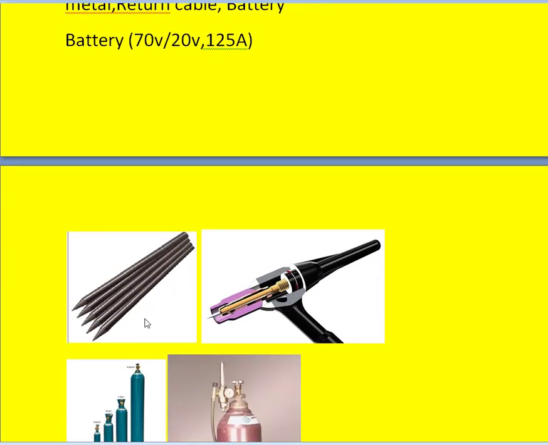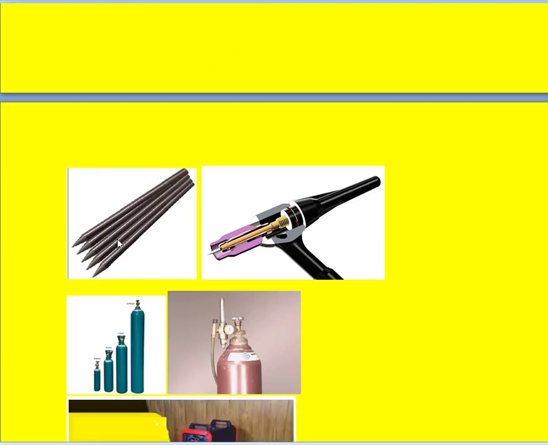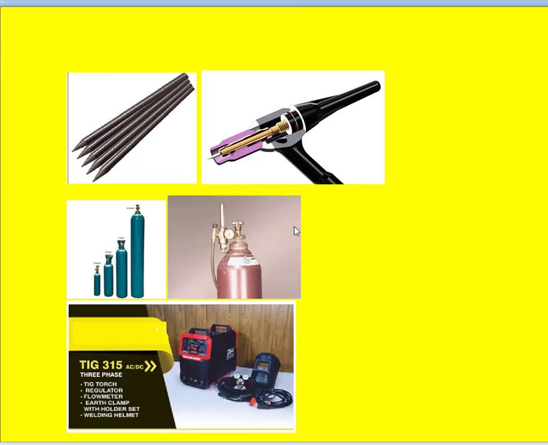Looking at the equipment we just mentioned, this is the tungsten electrode, and this is the holder that holds the electrode in the process. These are the inert gas cylinders, which have different capacities, and each cylinder has a pressure control valve like this.